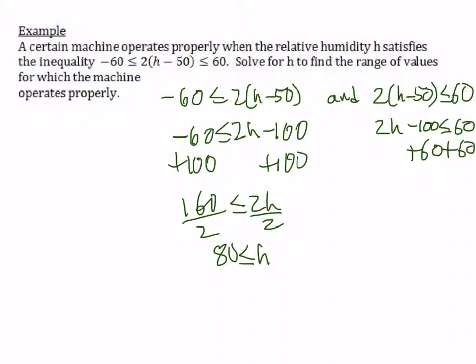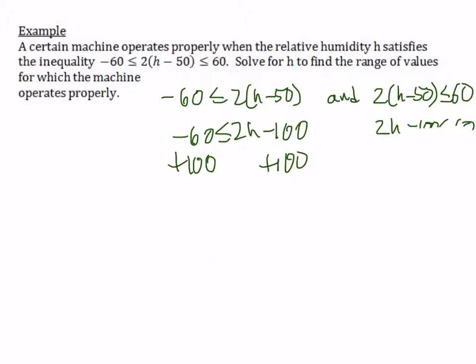I'm sorry, let's add 100 to that. Something happened here. Let's back up. Did you catch my mistake? There it is. This is actually going to be 40, right? That looks better. Divide by 2, divide by 2. We get 20, because that's negative 60 plus 40.